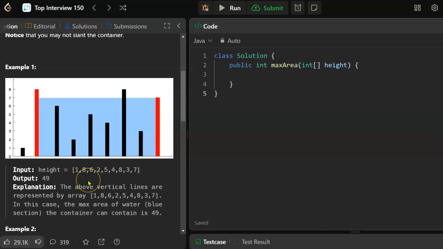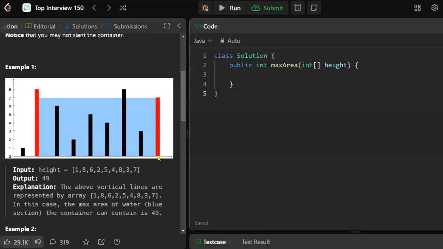Example. In this example, here are the heights of each of the lines, and the maximum amount of water is 49. We're going to use the 8 here as the left-hand line and this 7 as the right-hand line.